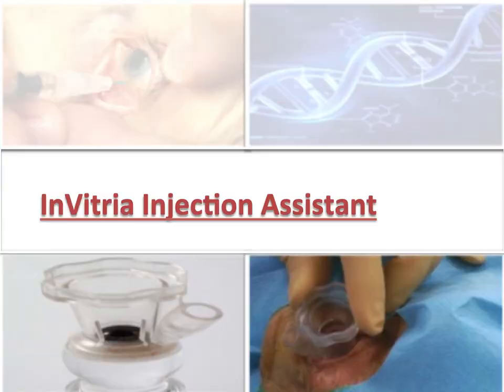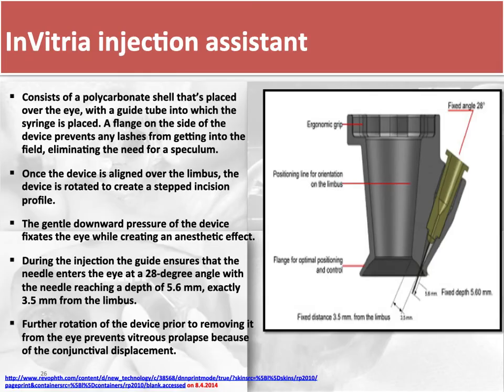Another device is the InVitria injection assistant. I used it for hundreds of patients. It's really easy and time saving, especially for outpatient injections. It is a plastic cup applied over the limbus, so it fixes the globe and the needle is applied through a side tube.